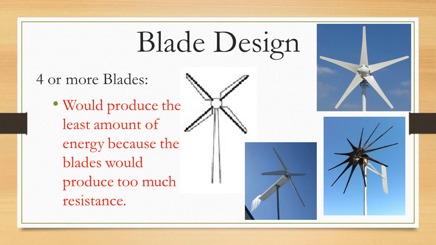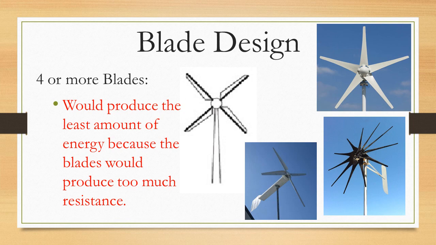I mean, as the blades spin, they're going to almost slow each other down by capturing the energy of the wind disproportionately. So it'll work, it'll create and generate energy, but it's not going to be as efficient or effective as 3 blades.